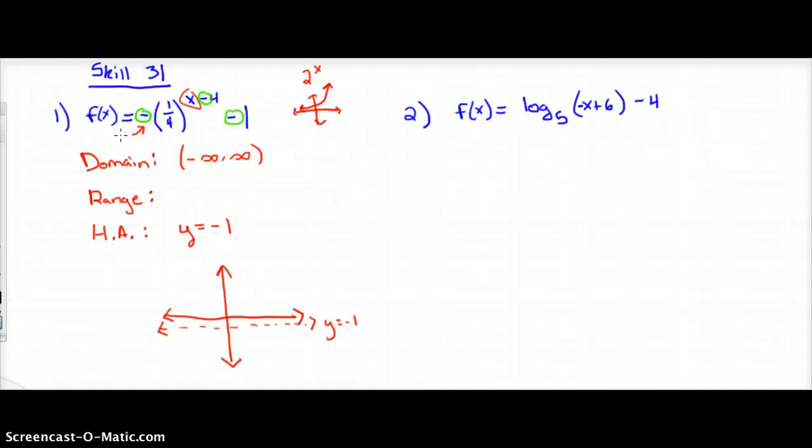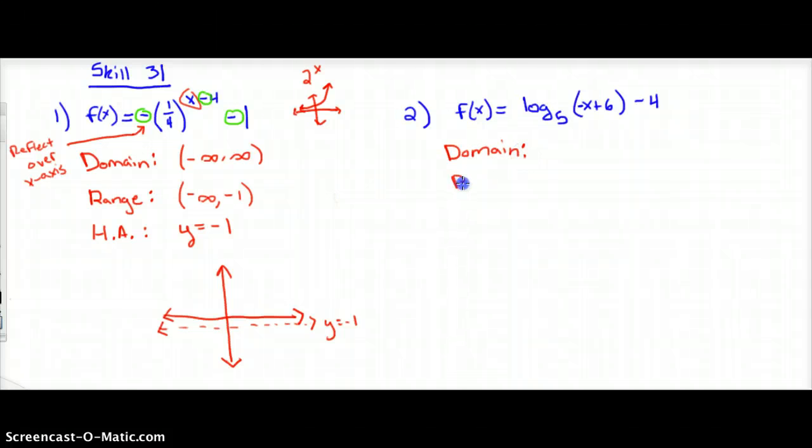Remember, a negative in front of our function is going to be a reflection over the x-axis. That's going to make our entire graph reflect so that it's underneath our asymptote, which means our range is going to be from negative infinity to our horizontal asymptote at -1.